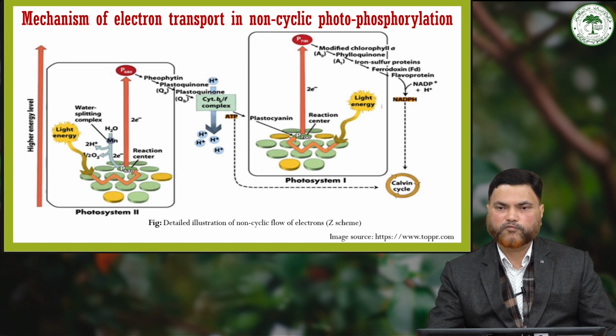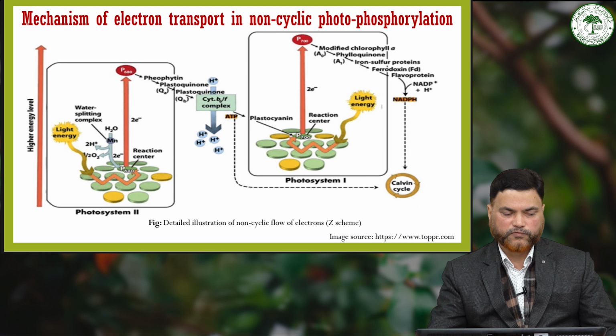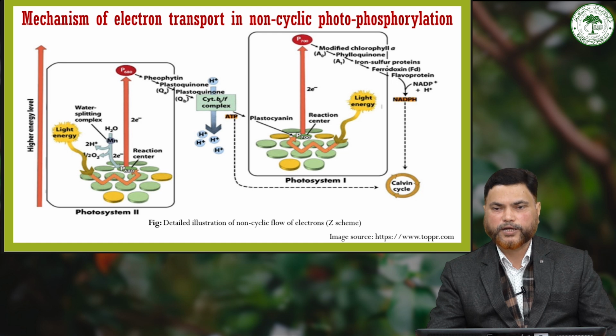Now, the soluble flavoprotein called ferredoxin NADP reductase catalyzes the transfer of electrons from the reduced ferredoxin to NADP plus, resulting in the reduction of NADP plus to NADPH. It's important to note here that 2 electrons are required for the reduction of each NADP plus molecule to NADPH. This NADPH is essential because it provides electrons to the Calvin cycle necessary for converting carbon dioxide into sugar.